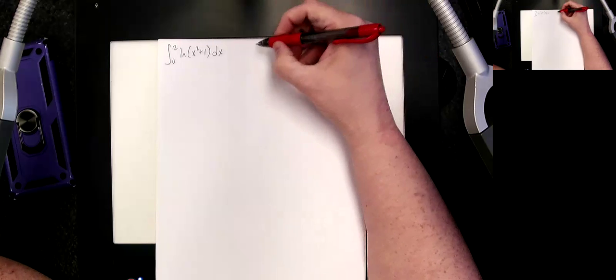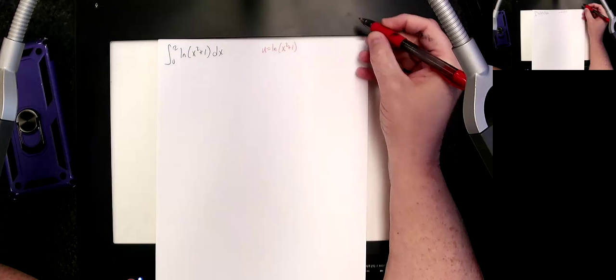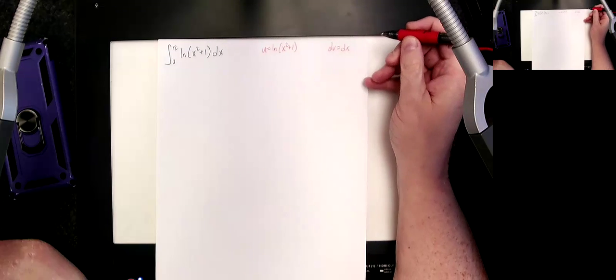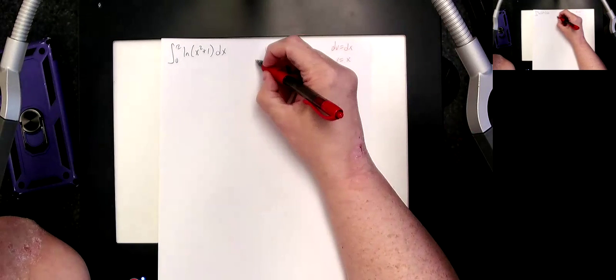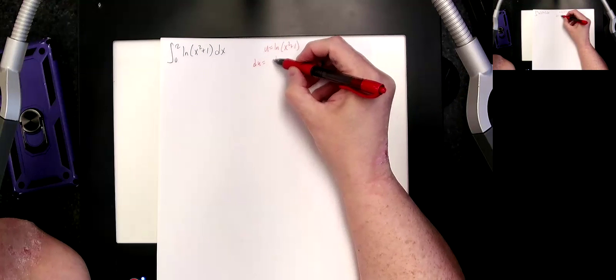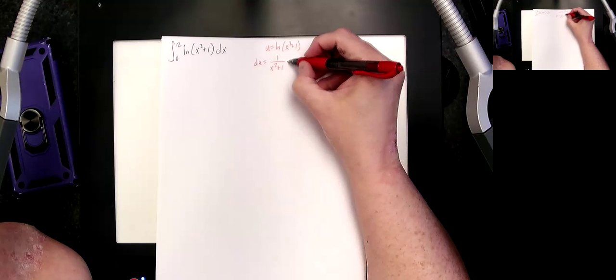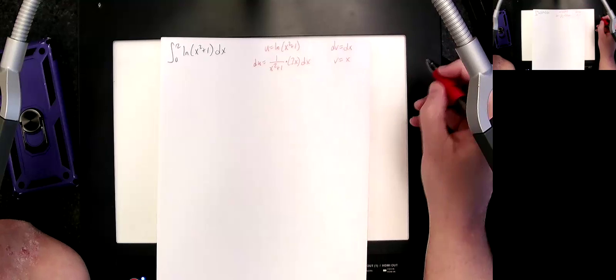Let's just say u equals ln of x squared plus 1, and dv equals dx. So v equals x. du is the derivative of the natural log, 1 over the inside, times the derivative of the inside times dx.